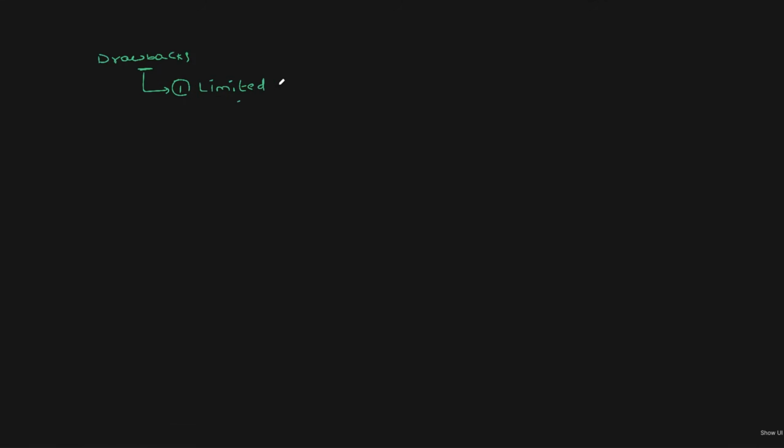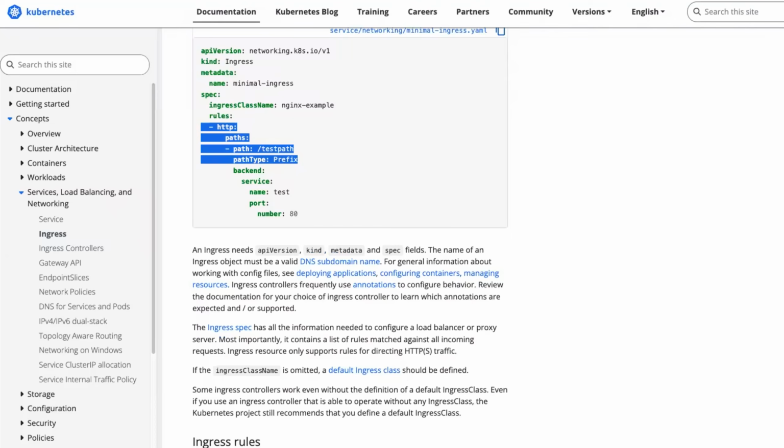If you look at the Ingress resource one more time, as I told you, there are only two things that you can mention in the Ingress specification. One, the service which should be exposed to the load balancer. Two, the path on which the service should be accessible to the end user.